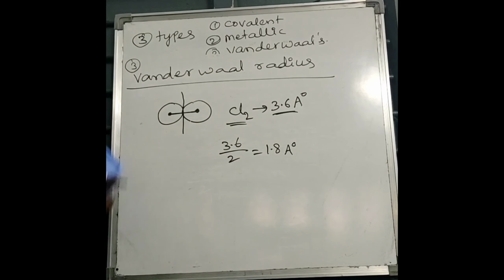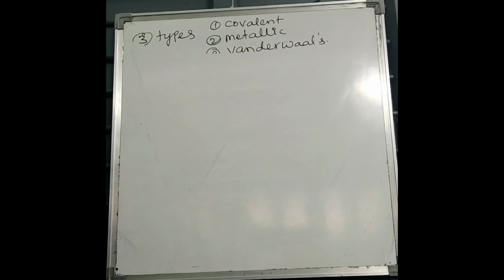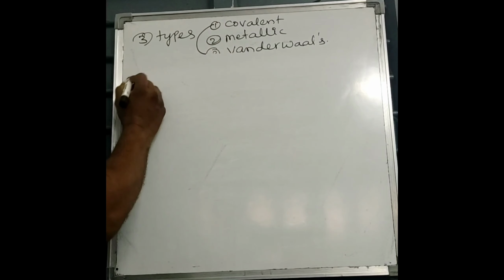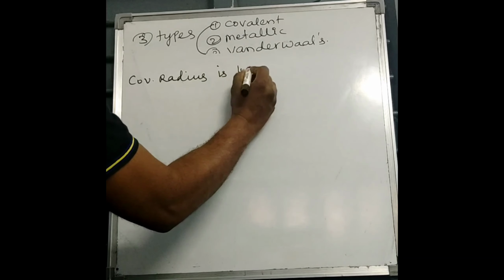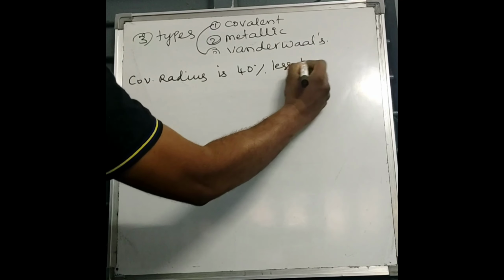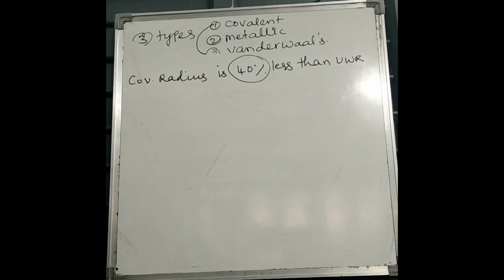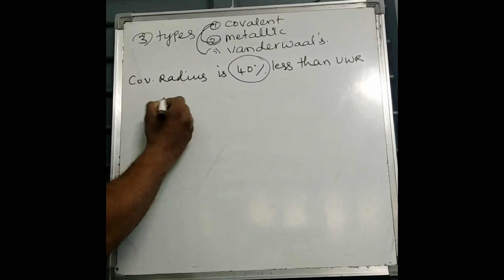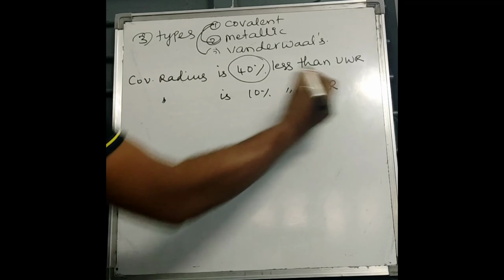Now, the main and important comparison of these three radii is that covalent radius is 40% less than van der Waals radius. And covalent radius is 10% less than metallic radius.